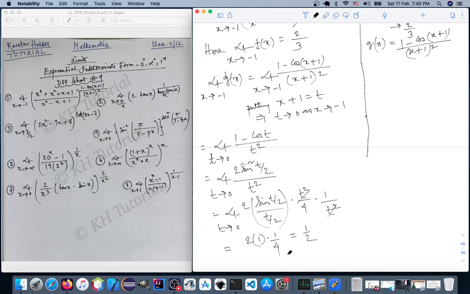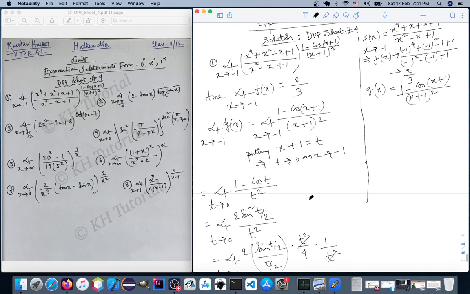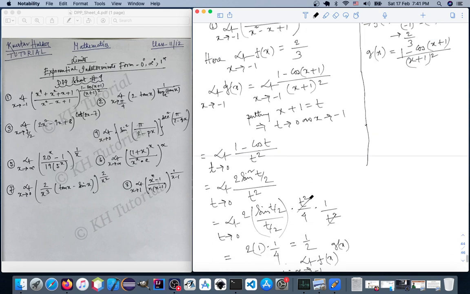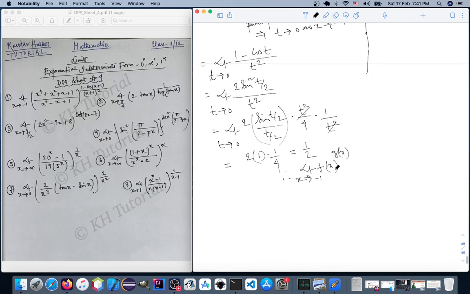Therefore, limit x tends to minus 1 of f(x) to the power g(x), where f(x) is this rational function x to the power 4 and so on, and g(x) is 1 minus cos of (x plus 1) by (x plus 1) whole square, becomes 2 by 3 to the power half. This is the answer. Let's see the next problem.